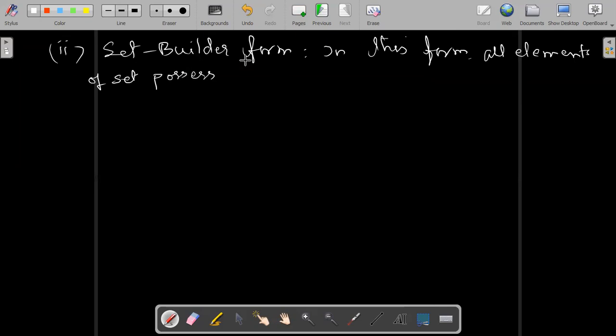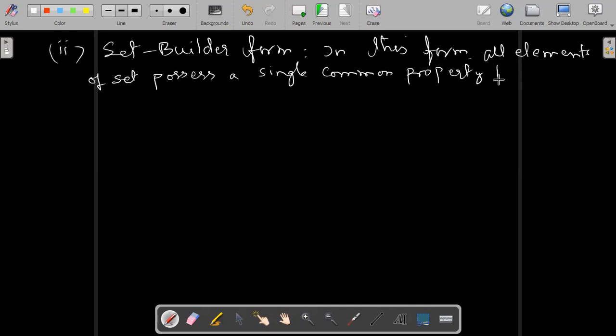Otherwise, it will not be a set, because it is a well-defined collection. So it will be defined, and when it is defined, it will possess the same property. So all elements of the set possess a single common property, which is not possessed by any other element outside the set.